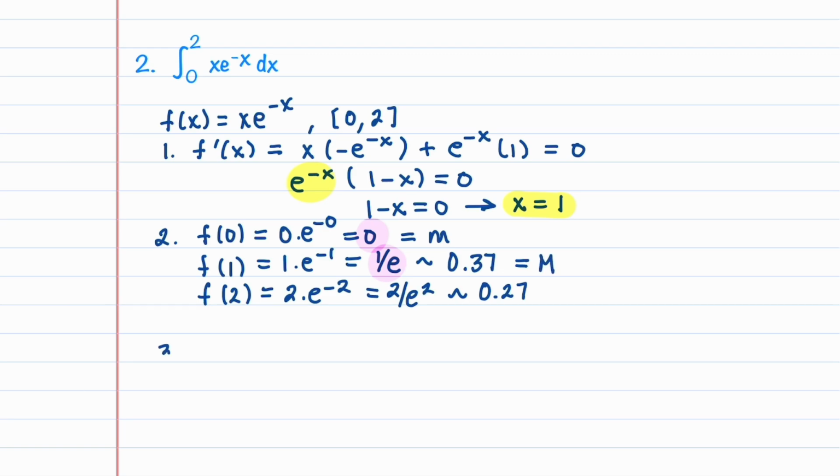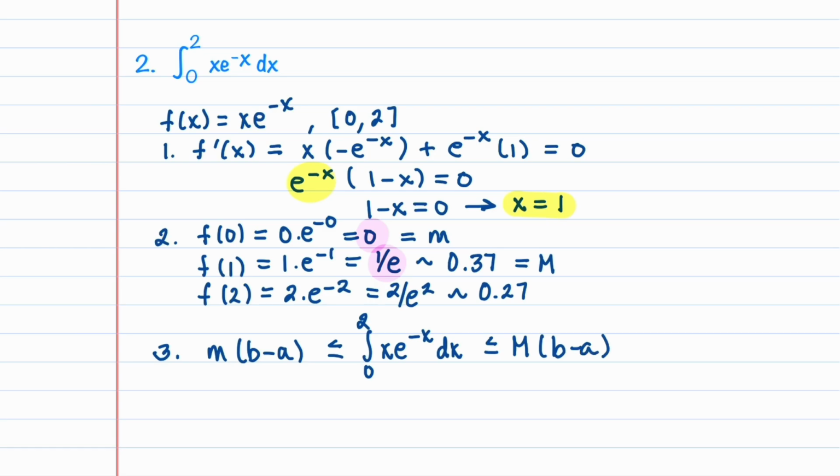In our third step, we're going to substitute these values into the comparison property. Let's go ahead and write down our formula. We have little m times b minus a is less than or equal to the integral from 0 to 2, xe to the minus x dx, and this is less than or equal to capital M times b minus a.